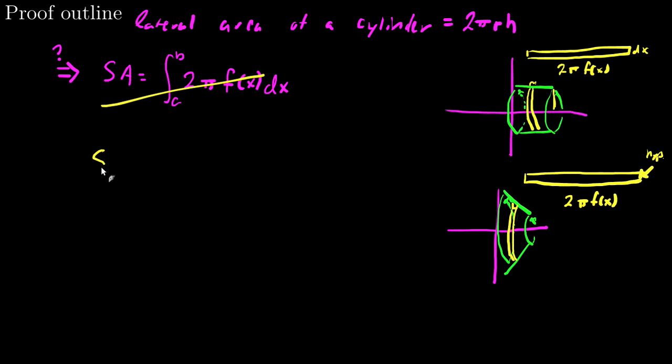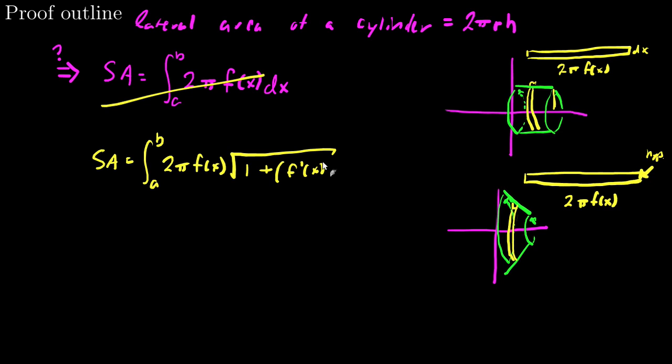So instead of having that, I'll have surface area equals integral from a to b of 2 pi f of x as sort of the base of my rectangle, but the height of my rectangle is going to be that same thing we got from the previous lesson that we used for length of a curve, times the square root of 1 plus f prime of x squared dx.